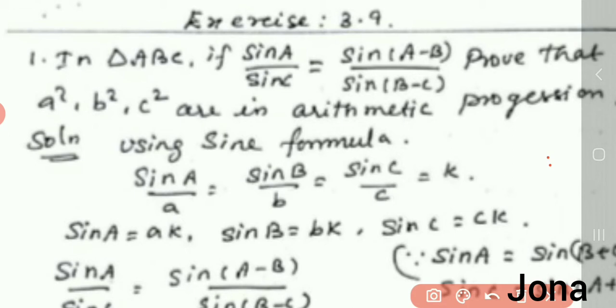Here we know the sine formula: a by sin A equals b by sin B equals c by sin C. We can take the same formula as sin A by a equals sin B by b equals sin C by c equals K. So if you equate each of these, we have sin A equals aK. Similarly, sin B by b equals K is nothing but sin B equals bK.